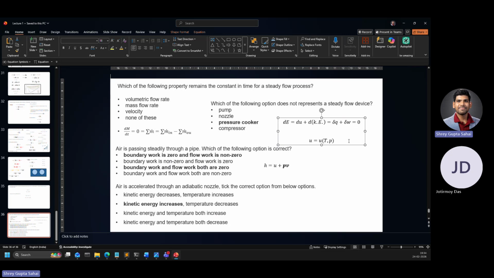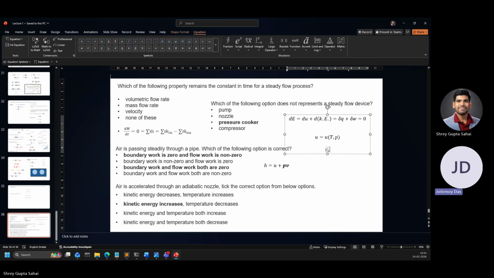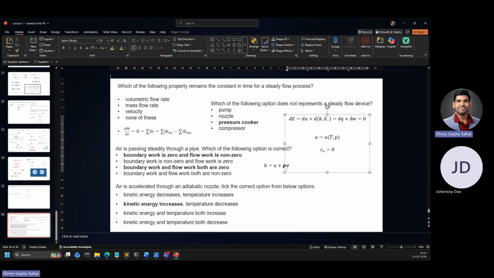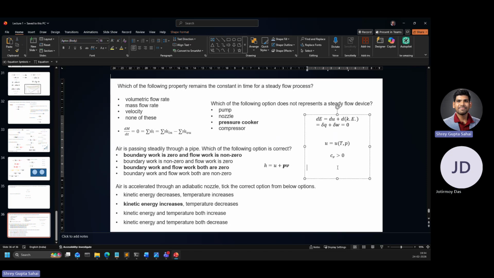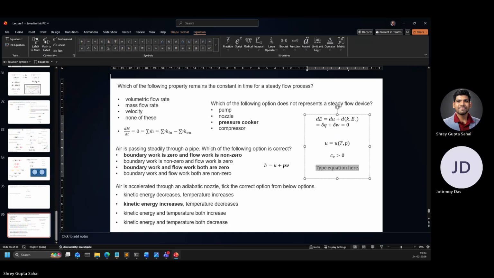If our temperature increases, does our internal energy increase or decrease? One thing is always true: Cv is a positive number, right? Yes, a positive number. So we generally know that with increasing internal energy, temperature also increases. But with pressure, I'm not sure. What happens with pressure?